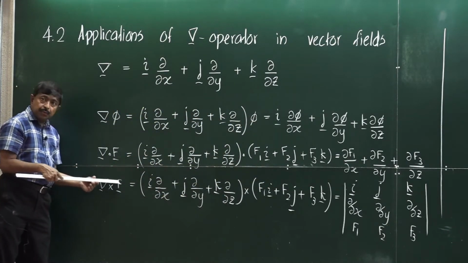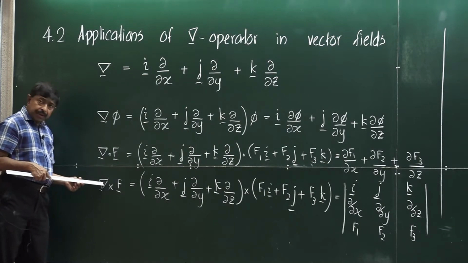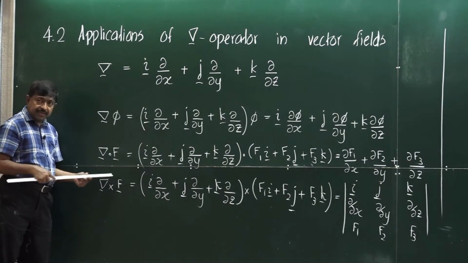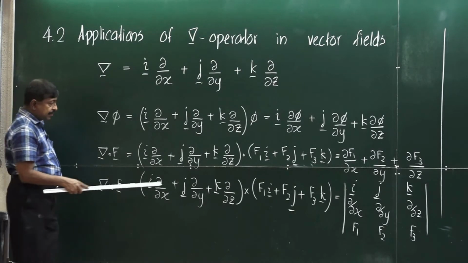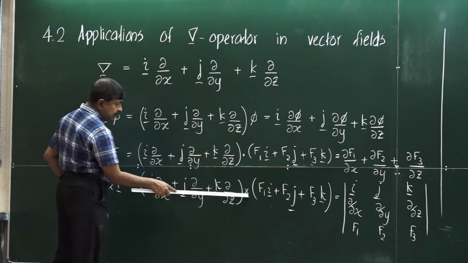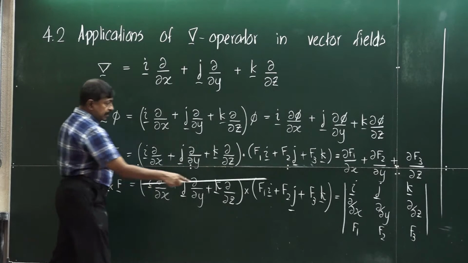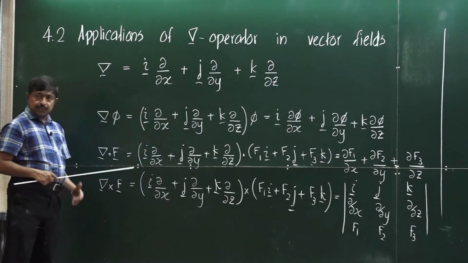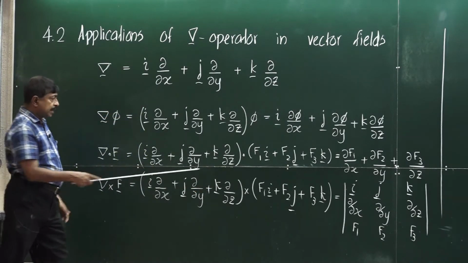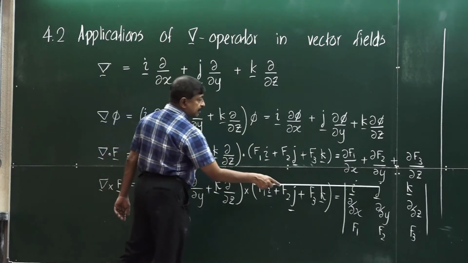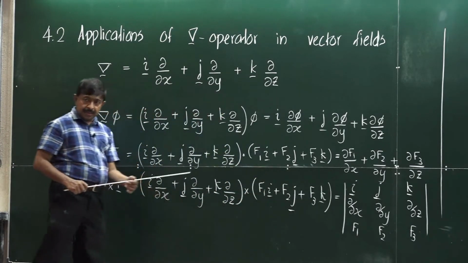Finally, the most difficult one, the grad operator cross a vector field F. There you have the cross product here, so you have to get the cross product between these two. So, i, j, k comes in the first row of the 3 by 3 determinant.